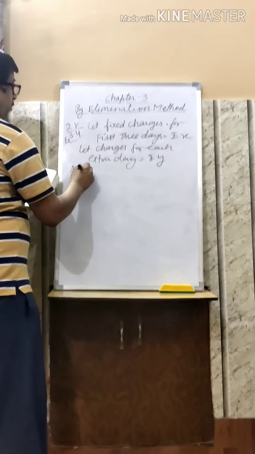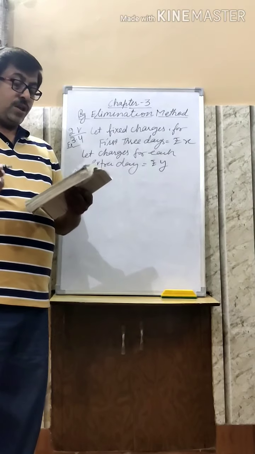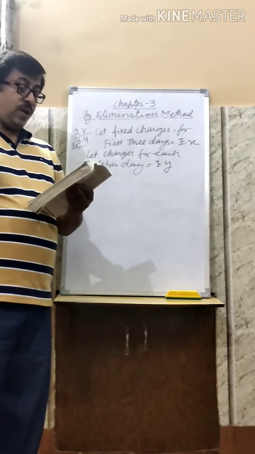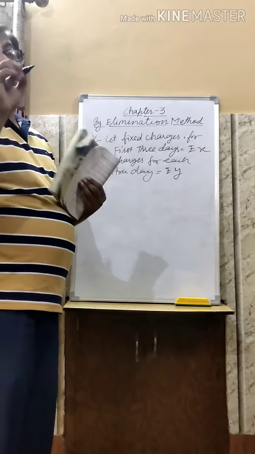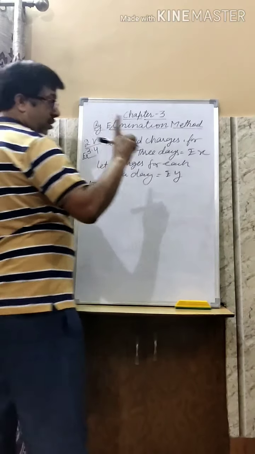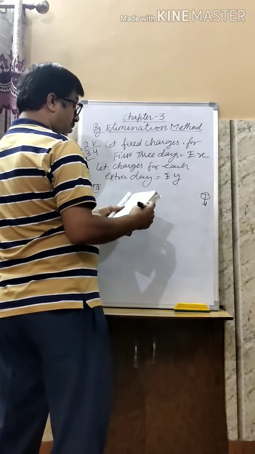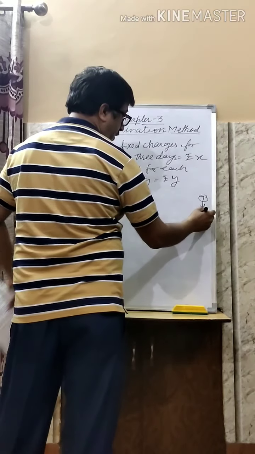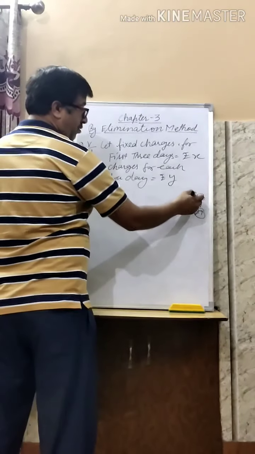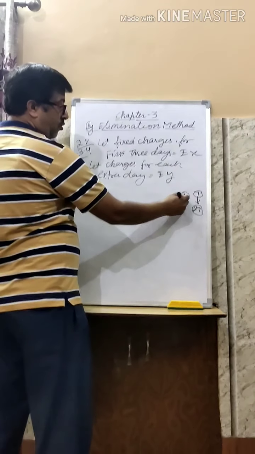So my dear students, what is it saying? You see, according to the question, Sarita has paid 27 rupees for 7 days. For 7 days she has paid, that is 27 rupees. So for first 3 days, x rupees fixed.